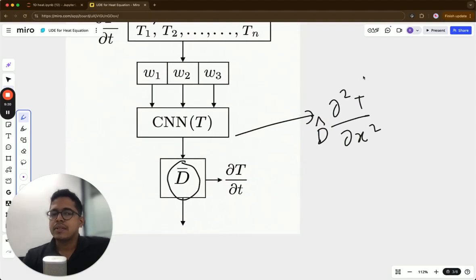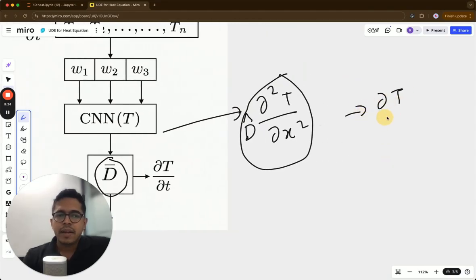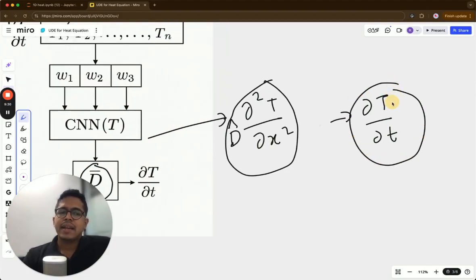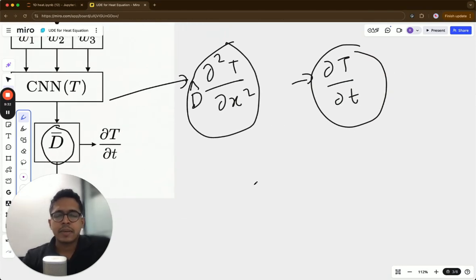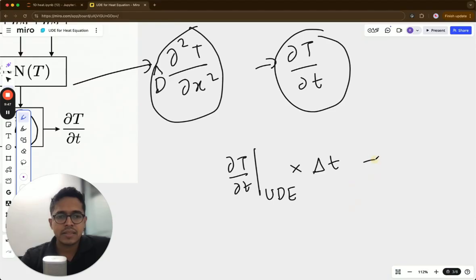Then this you call your predicted ∂T/∂t, the temperature derivative with respect to time. Now what you do is you numerically integrate this using maybe Euler's method. So you can say ∂T/∂t predicted, maybe I can put this as predicted by the UDE, multiplied by some delta time, plus the temperature at time t equal to 0.